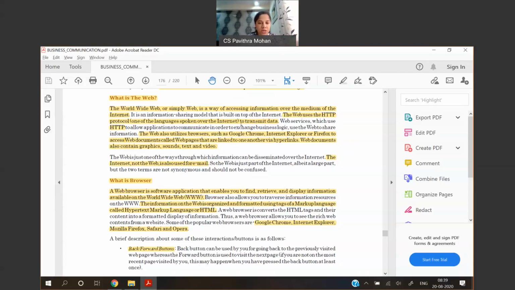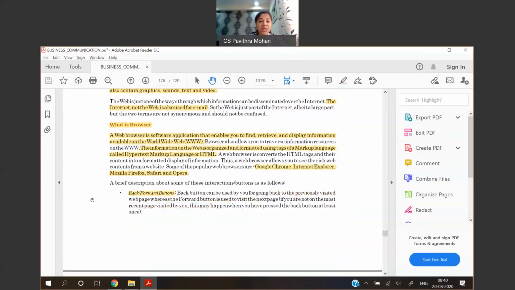The browsers come into the picture next, such as Google Chrome, Internet Explorer, or Firefox. These browsers help us to transmit this information. The web as such will not work until it is connected to an internet service and a browser.